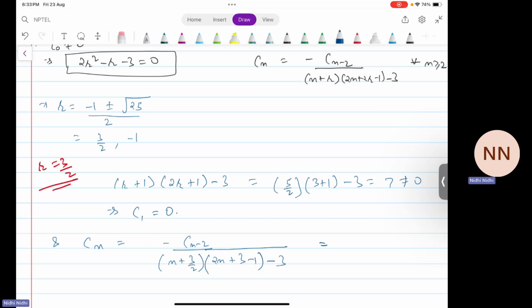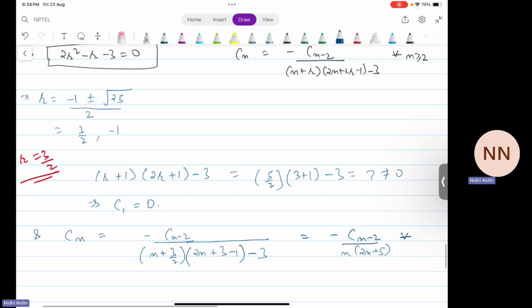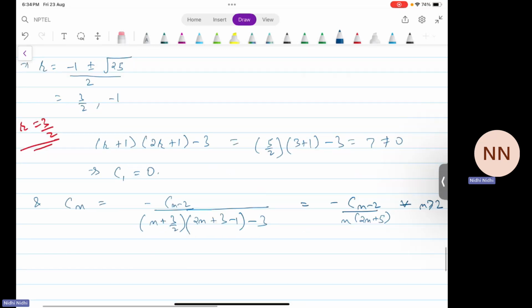After small calculations, you'll get it to be minus cn minus 2 by n times 2n plus 5 for every n greater than or equal to 2.